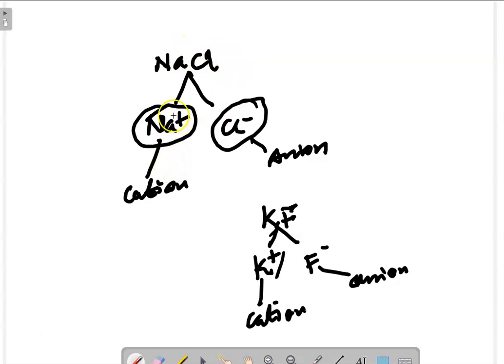So the positive sodium ion is the cation, and the negative chloride ion is the anion. Another example is potassium fluoride. Potassium fluoride consists of a cation of potassium 1 plus and an anion of fluoride 1 minus. So that is cation and anion.